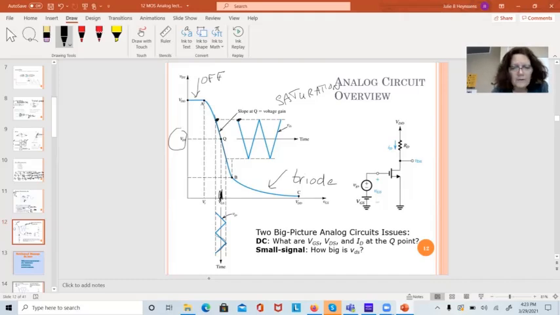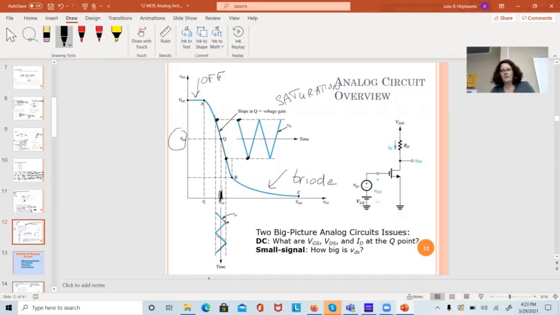And when I hit the positive peak on my little v_gs, I'm going to move the operating point down here, and my output voltage, little v_ds, is going to be about right there. So my output voltage is going to have a much larger swing than my input voltage, and I can achieve this idea of having voltage gain.